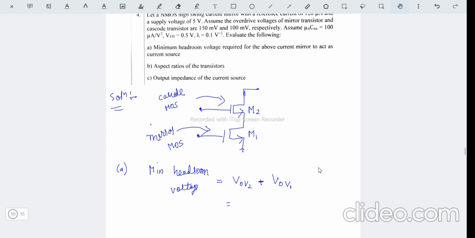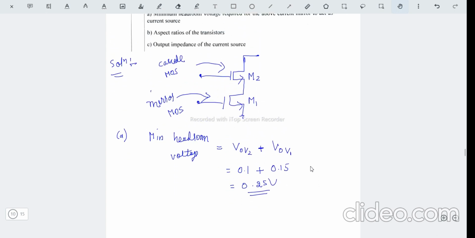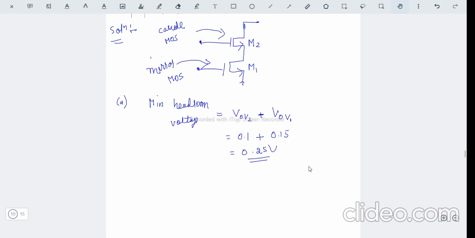VOV2 of the cascode MOS is 100 millivolts, and VOV1 of the mirror MOS is 150 millivolts. When we add them up, we get 0.25 volts. This is the minimum headroom voltage of the high swing current mirror, which is an advantage compared to the cascode current mirror, where a threshold voltage was getting added. That was a drawback.